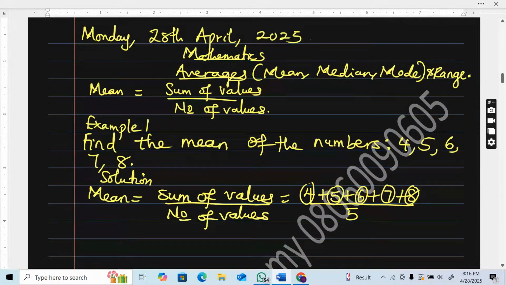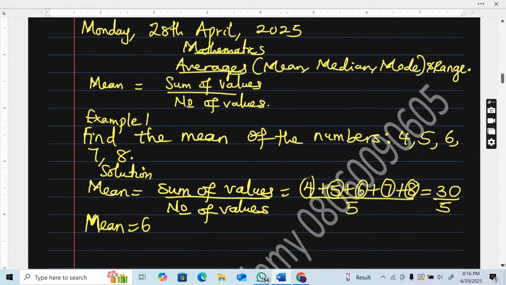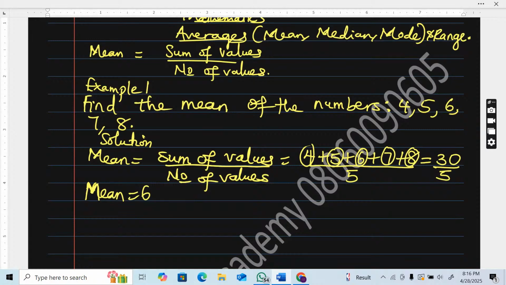So 4 plus 5 is 9. 9 plus 6 is 15. 15 plus 7 is 22, and 22 plus 8 is 30. So that will be equal to 30 divided by 5. The mean is equal to 6. So the mean of the given set of data is equal to 6.